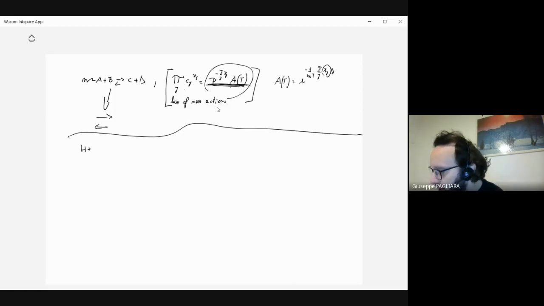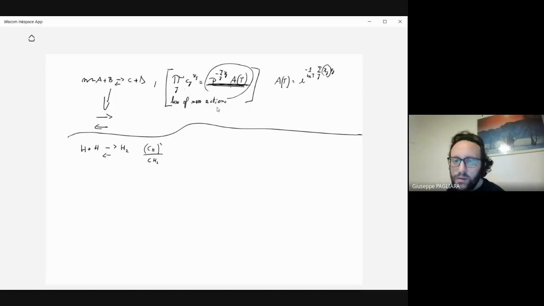Suppose you have hydrogen going into molecular hydrogen. The law of mass action in this case was c_H squared divided by c_H2.